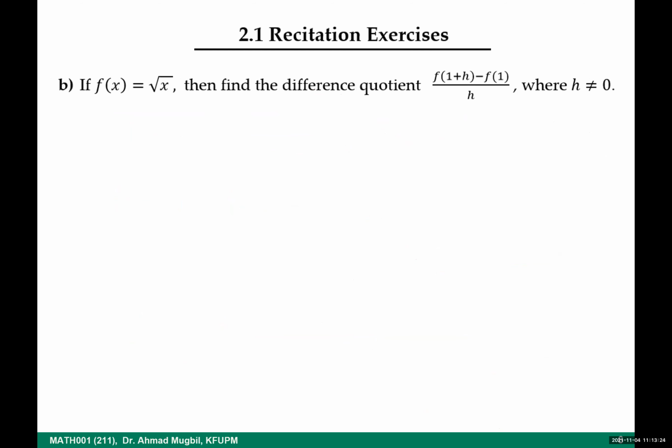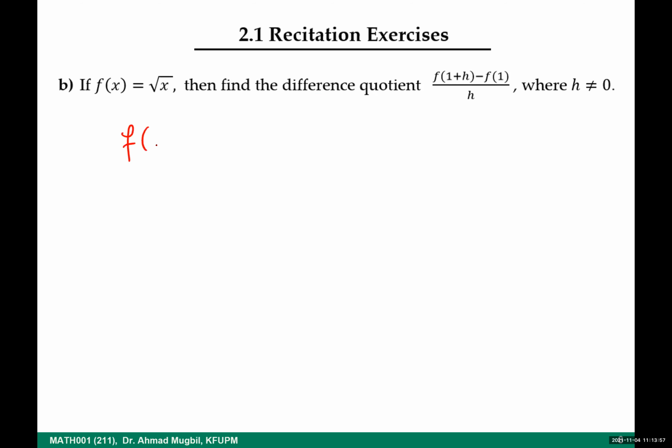Simplify as much as you can. Done? It is trivial.